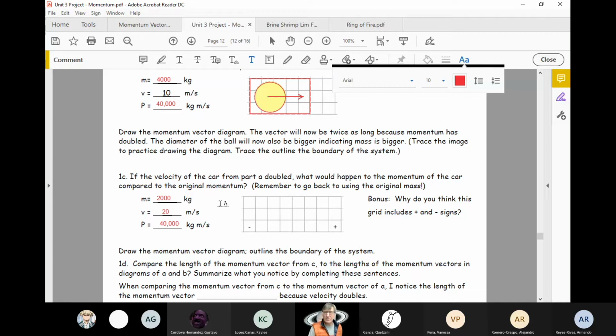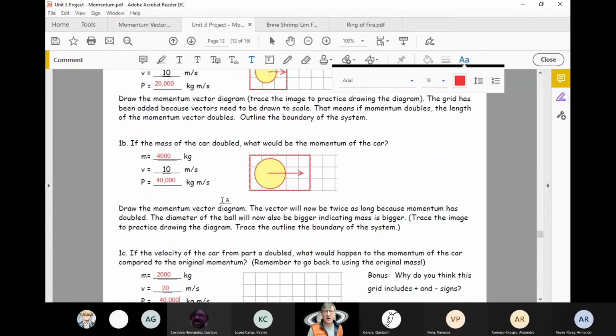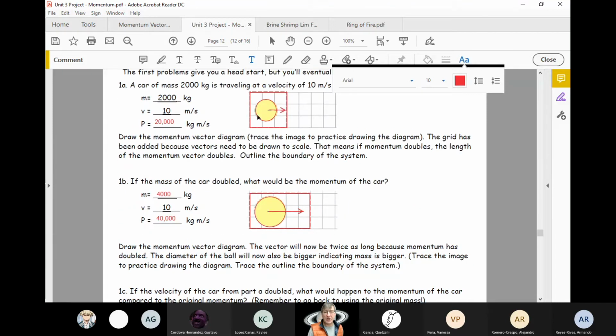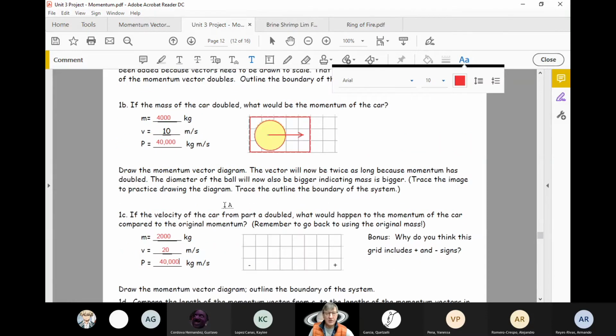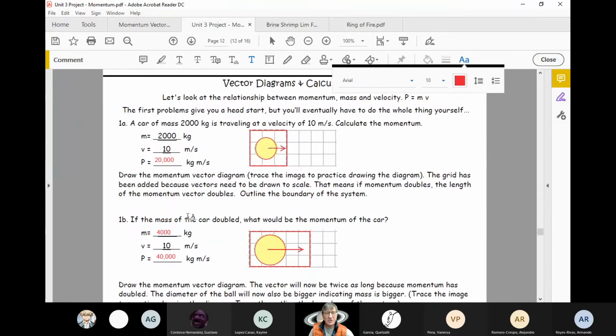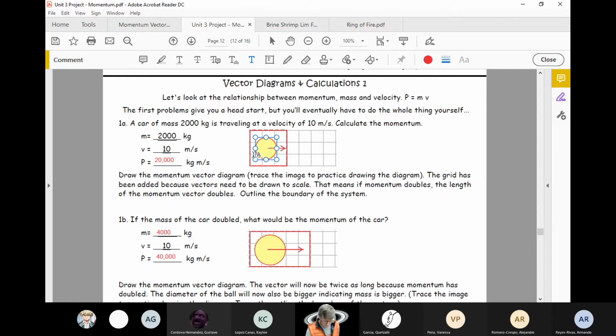When I draw this momentum vector, I want to do 2 things that are matching the scale of these momentum vectors. First, I want to use a circle that represents the mass that I had earlier, right? I had a 2,000 kilogram mass, so I should use the circle that is also the 2,000 kilogram.